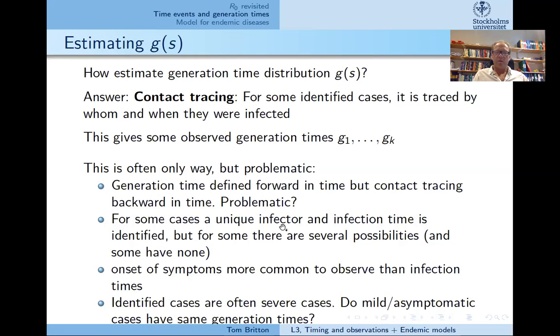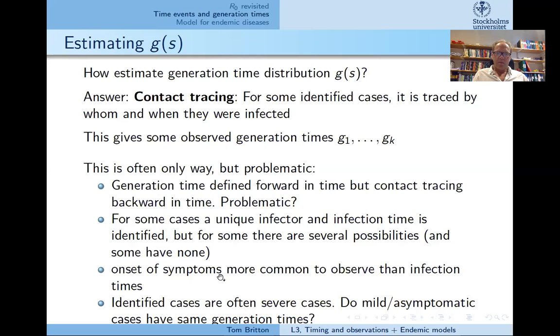But in other situations, there might be multiple possibilities. So you said, maybe I met my uncle 7 days ago, but also I met my cousin who was also coughing, and this was 10 days ago. So what do you do then? Which is the generation time? That's another problem which happens in reality quite often.